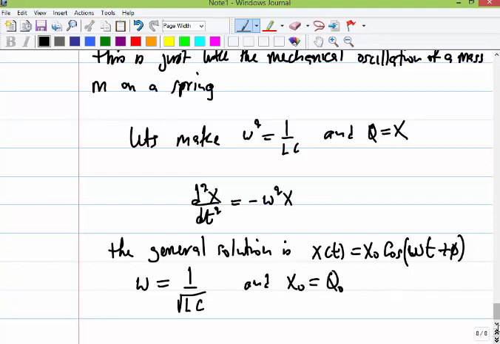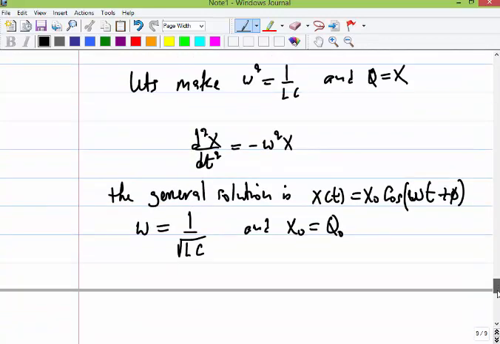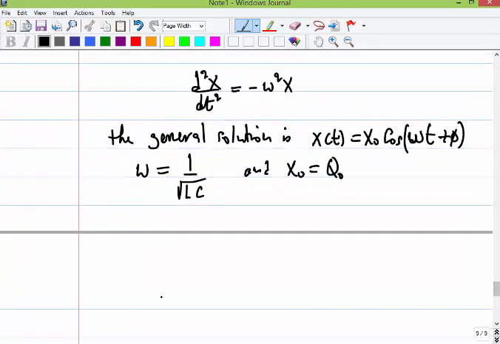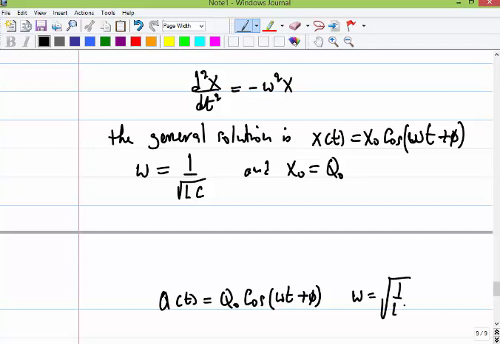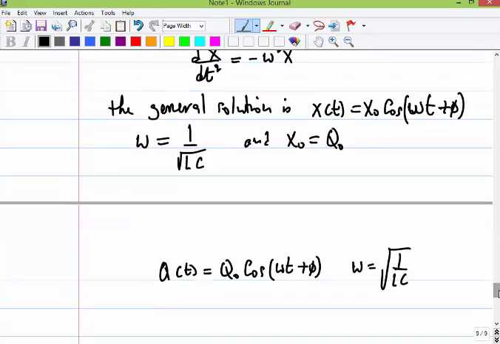And x naught is equal to the initial charge Q naught. So we can replace those quantities by saying that Q of t is equal to Q naught cosine of omega t plus phi, where omega is equal to the square root of 1 over LC. Is that Q of t?